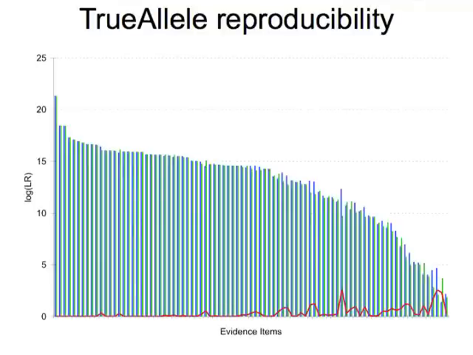The method's also reproducible. It's a hard statistical problem involving many hundreds of dimensions, so it's solved by statistical sampling. Ranked from left to right are the cases, and the y-axis shows the information, the log LR. The typical values are around 10 to the 15th across the cases, and you can see that as you move to max scores below 1 million to 1, there's more variation, but when you quantify it, it's still less than a factor of 10.